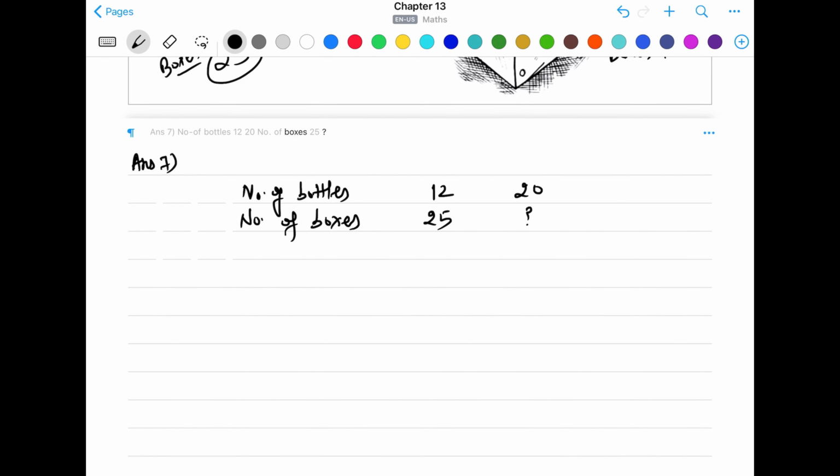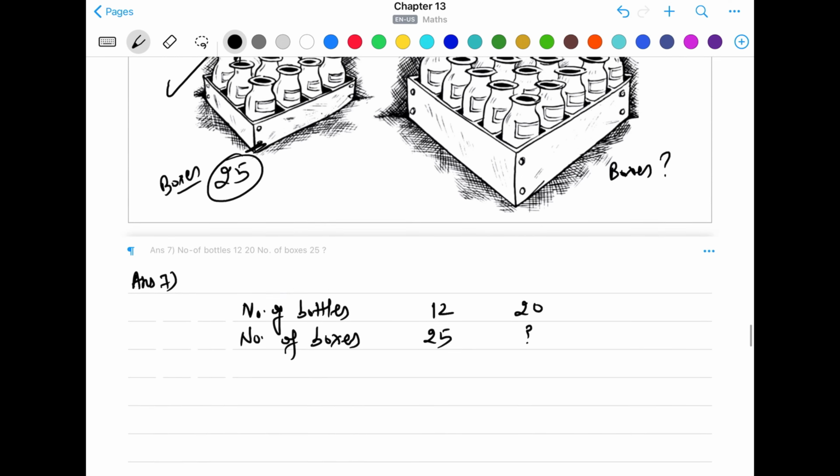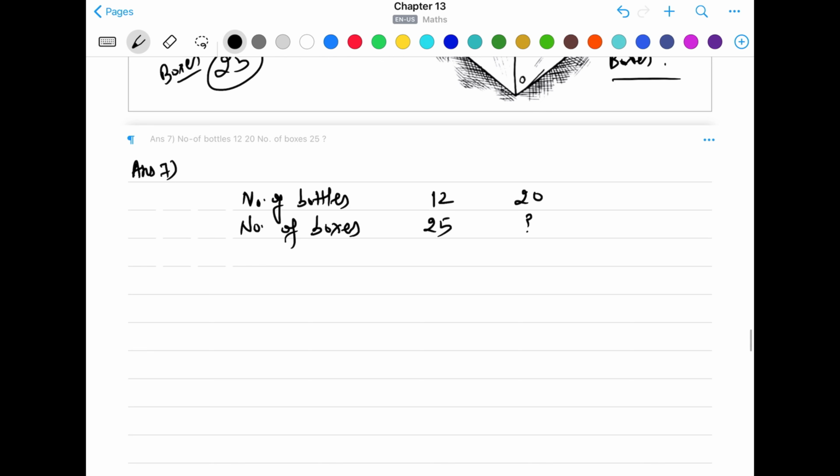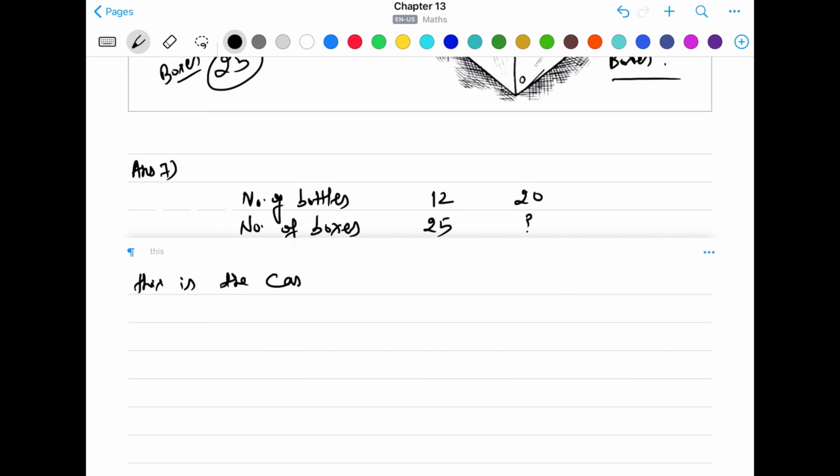We have to calculate how many boxes are required. Now you can see as we increase the number of bottles in each box, the number of boxes we require will decrease. So this is again a case of inverse proportion.